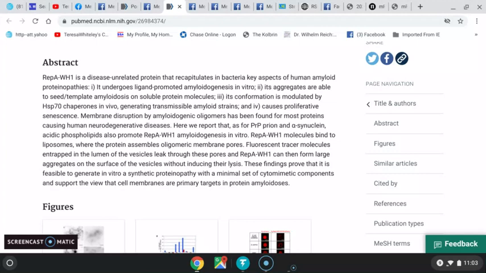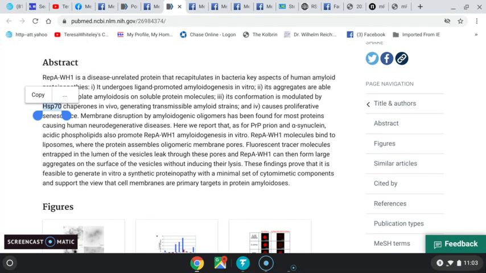It's a disease-unrelated protein that recapitulates in bacteria key aspects of human amyloid proteinopathies. It undergoes ligand-promoted amyloidogenesis in vitro. Its aggregates are able to seed template amyloidosis on soluble protein molecules. Its conformation is modulated by heat shock protein 70 chaperones in vivo, generating transmissible amyloid strains.